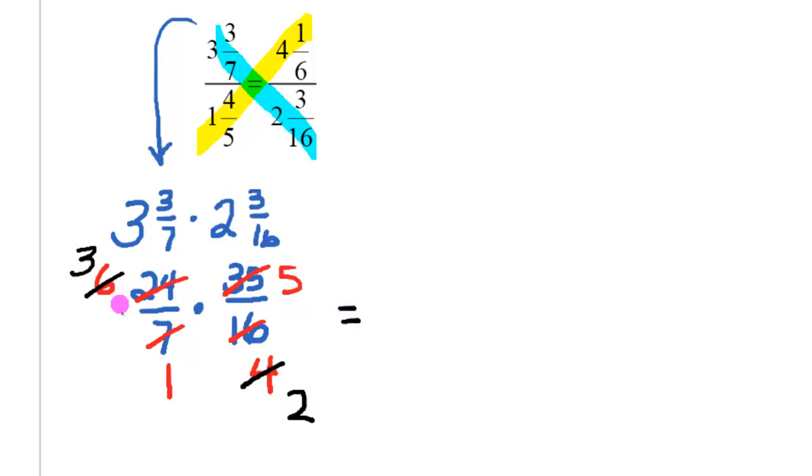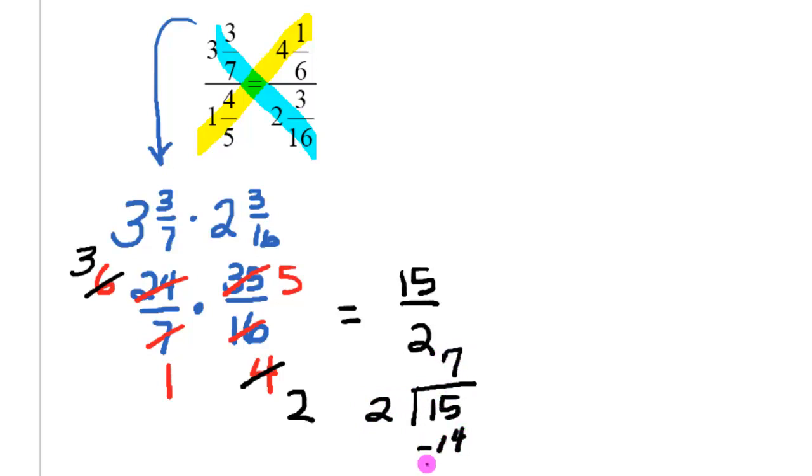So now we're ready to multiply straight across, and we get 3 times 5, 15, and 1 times 2 is 2. So here's 15 halves, and that gives us a mixed number of, well, 2 goes into 15 7 times, and so we have remainder of 1, so 7.5. So that is our first cross product, 7.5.